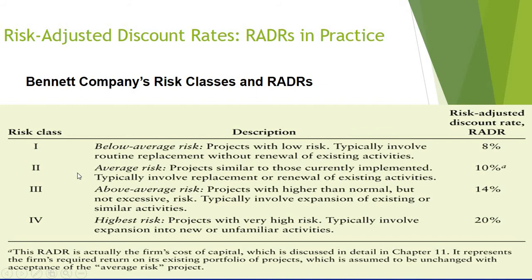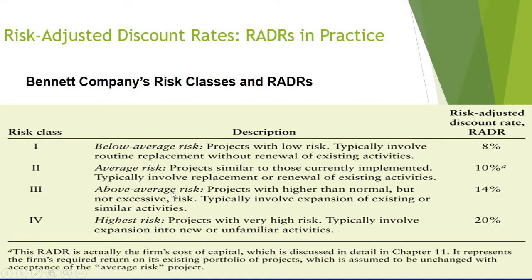For the second risk class, average risk projects are similar to those currently implemented, and typically involve replacement or renewal of existing activities. For average risk projects, the risk adjusted discount rate is 10%.